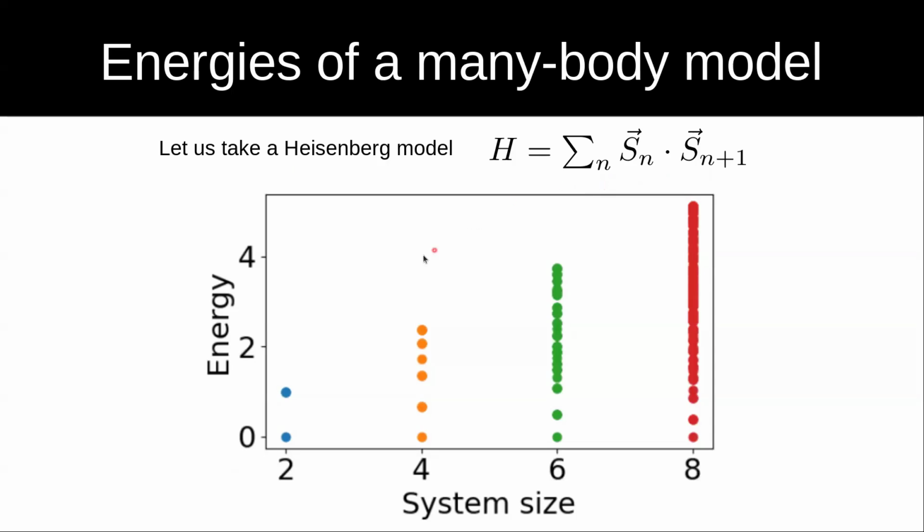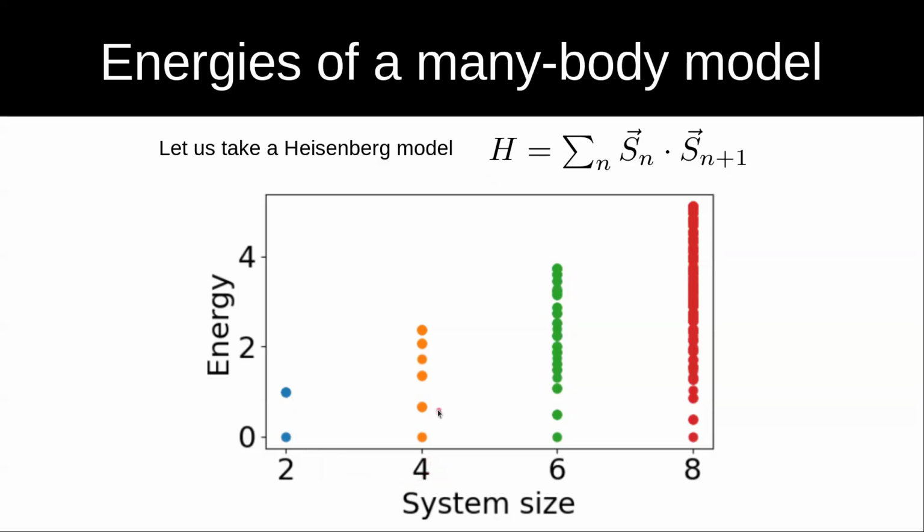So the first thing that we can do is look at the energy spectra of the Hamiltonian as a function of the system size. For this, we take this Hamiltonian, write it in the many-body basis, and diagonalize it. What we are plotting here are just the eigenenergies of the Hamiltonian once we have diagonalized it. You see that for a system size with 2 sites, you have a couple of eigenvalues.